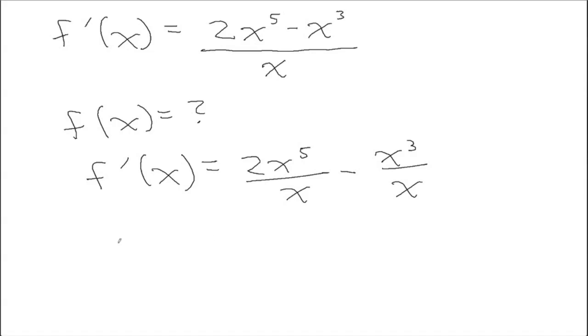And then on top of each fraction, we can pull out an x, or rewrite it as x times 2x to the 4th over x minus x times x squared over x, and then that shows you that you can cancel the top and the bottom x's. Good. That sounds like you're on the right track. That would be even more step by step than I think is necessary, but that's good. The key thing is, if you rewrite it as two separate fractions, now it's clear you can cancel. So maybe to make it a little bit clearer, you could rewrite it like this.